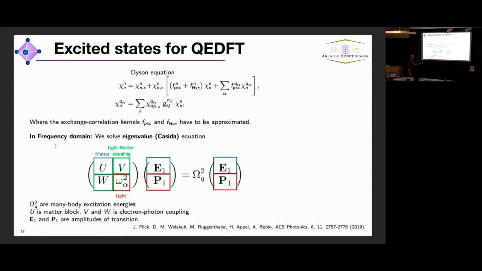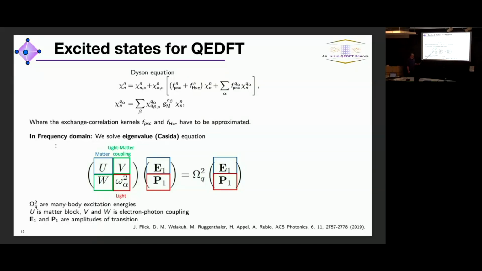I call it light. So omega alpha is just the frequency of the photon modes. If you just have one photon mode, there's just an additional degree of freedom, an additional dimension. And then we have coupling. I think they are complex conjugates of each other, so V and W, where V is just the complex conjugate. So we have the light-matter coupling, which we also put in.